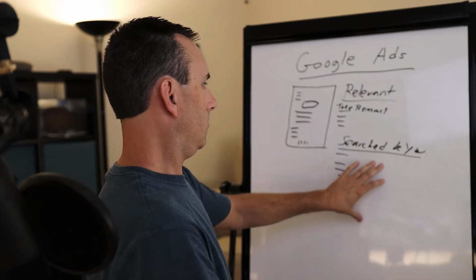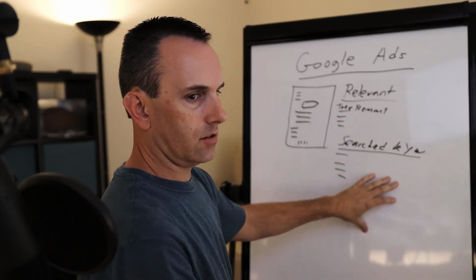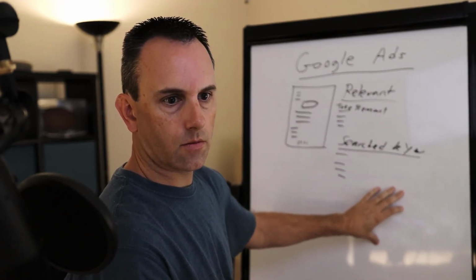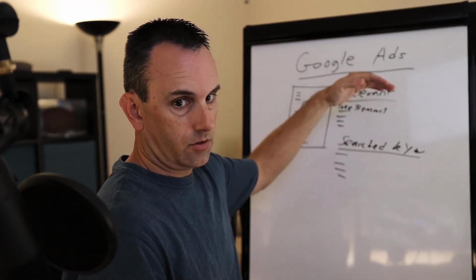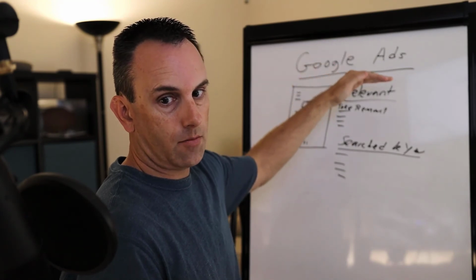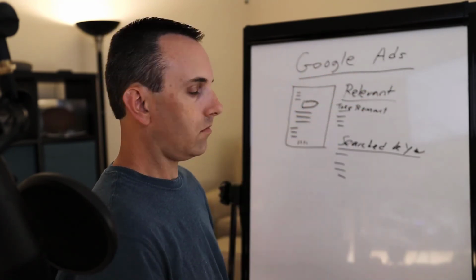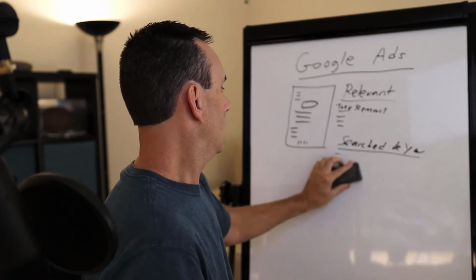If you do this on a periodic basis, it's going to increase your quality score. And again, your quality score is going to give you a higher placement on the search without having to pay more. So it's very important to do that.